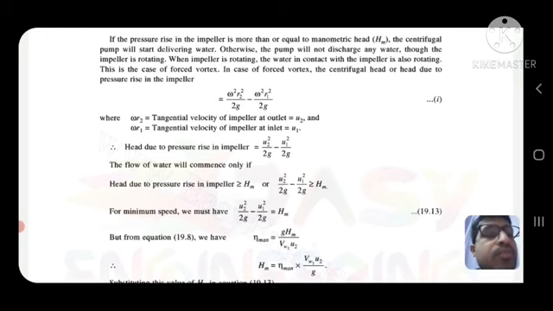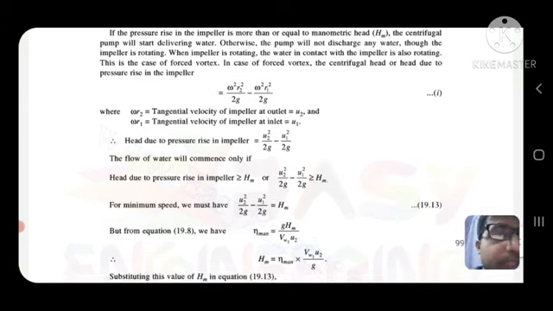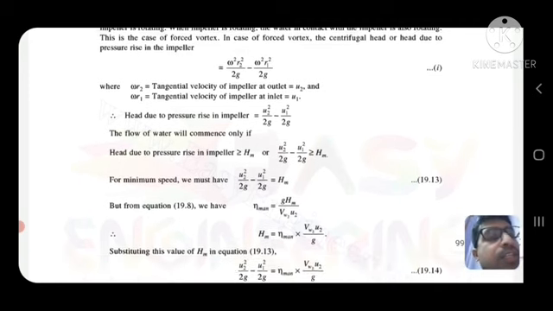In case of forced vortex, the centrifugal head, or head due to the pressure rise in the impeller, is omega square R2 square by 2g minus omega square R1 square by 2g. Omega R2 is the tangential velocity of the impeller at outlet and omega R1 is the tangential velocity at inlet.